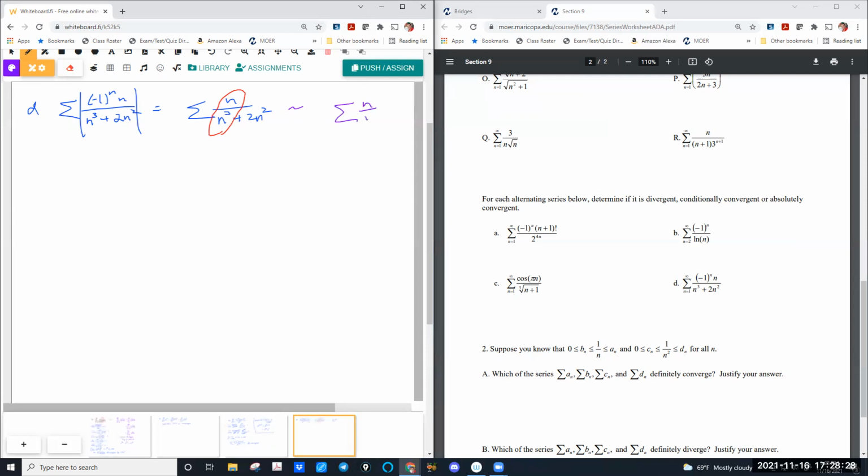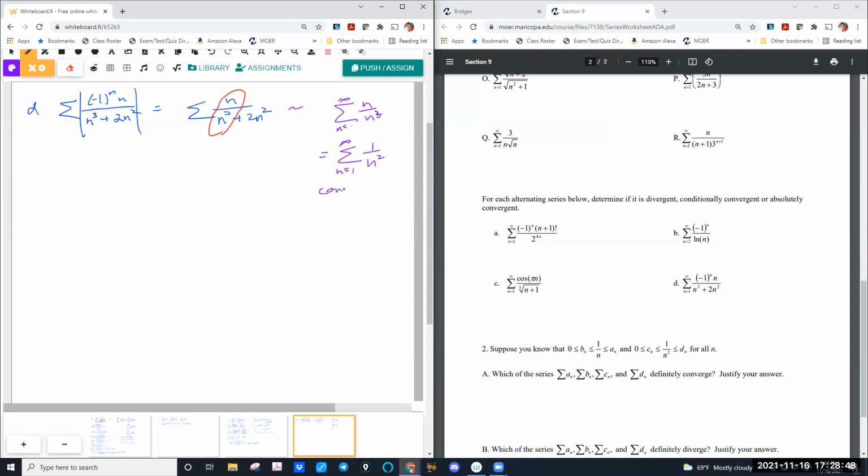So if we were just looking at n over n, excuse me, not squared, cubed, well, this reduces down to 1 over n squared. I'm not writing it, but these are all n equals 1 to infinity.